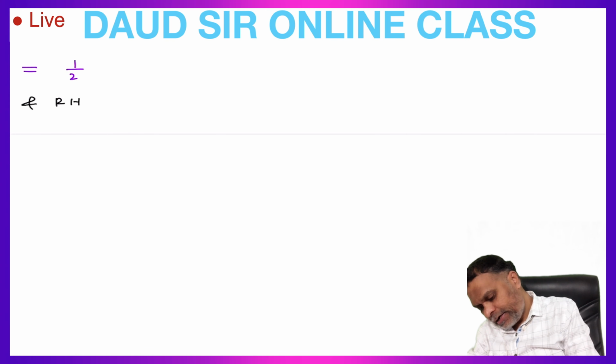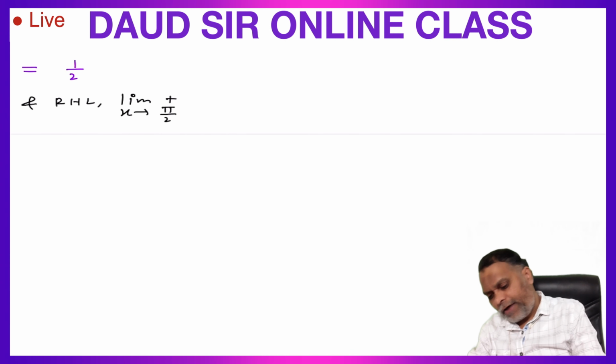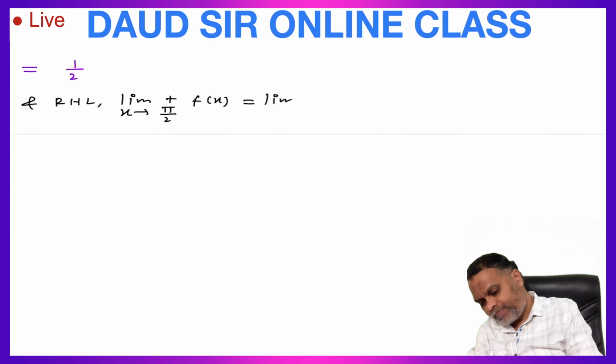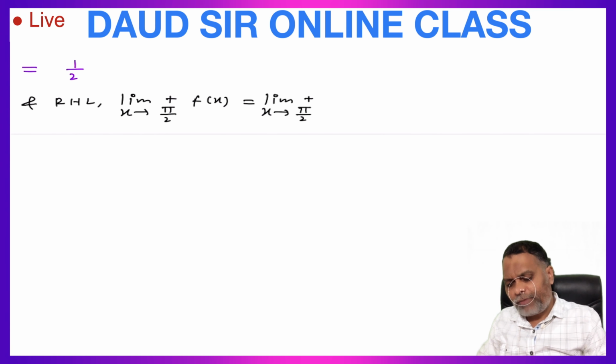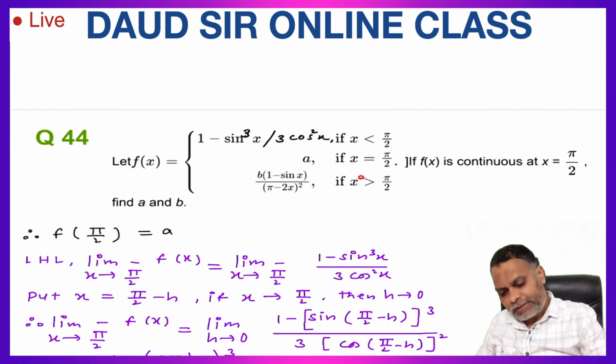Right hand limit: limit x tends to pi by 2 plus f of x, where x is greater than pi by 2.